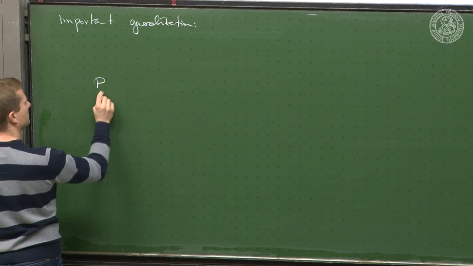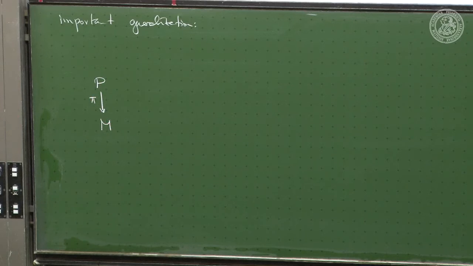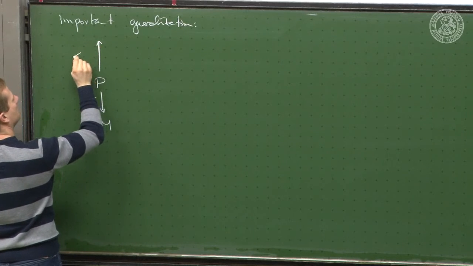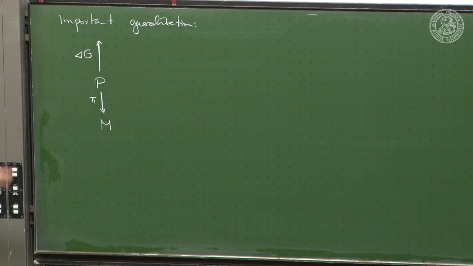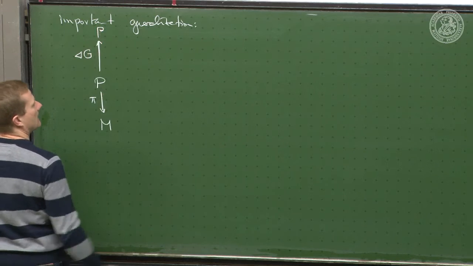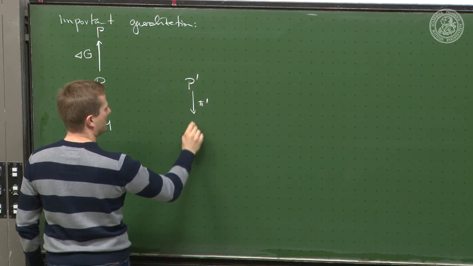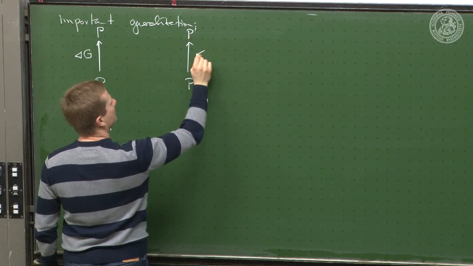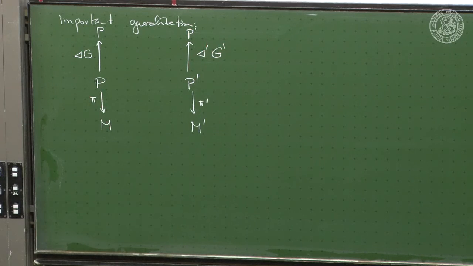So I take a principal bundle P, pi down to M, and I equip it with a bundle action with respect to a group G. This is quick notation, but you know what I mean. I go back to P, and now I take another principal bundle, P prime, down with pi prime to M prime, and I go up here to P prime, and I have an action, but it's a different group G prime.